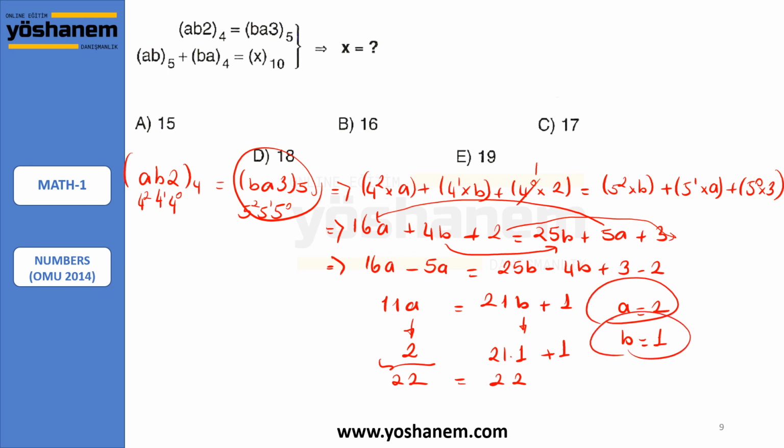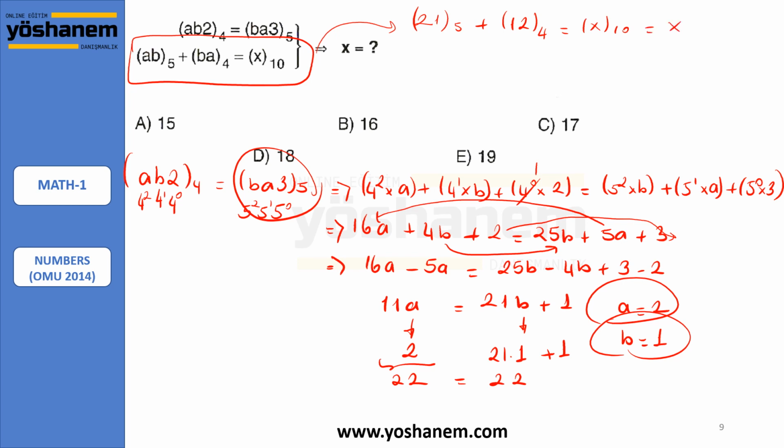Now I am gonna use these values in the second equation in order to find x. Okay, so 215 in base 5 plus 12 in base 4 is x in base 10.